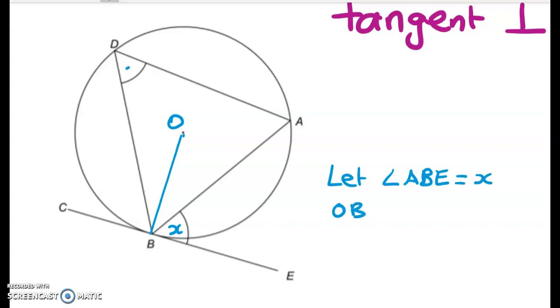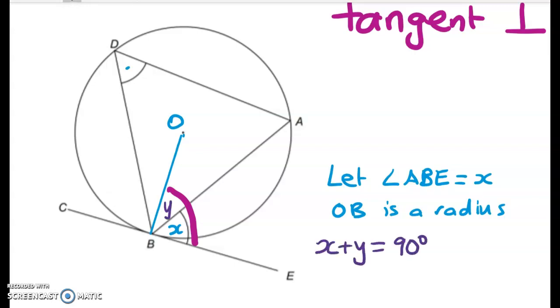And OB is a radius. So that means that if I look at all of this, it has to be equal to 90 degrees. So let's call this little bit that we don't know Y. So X plus Y equals 90 degrees, and the reason for that is that the tangent is perpendicular to the radius.